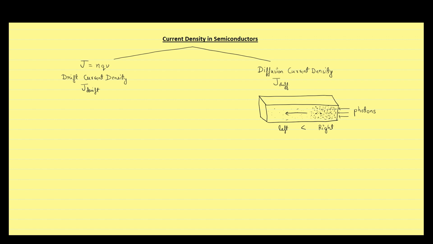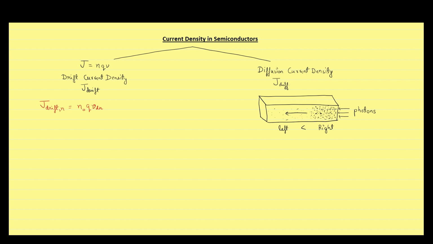In conductors, we have only one type of charge carriers, which is electron. However, for semiconductors, we have electrons as well as holes. So, drift current density caused due to electrons is N0, which is the concentration of free electrons in the semiconductor, multiplied by magnitude of charge on an electron, multiplied by magnitude of drift velocity of free electron.